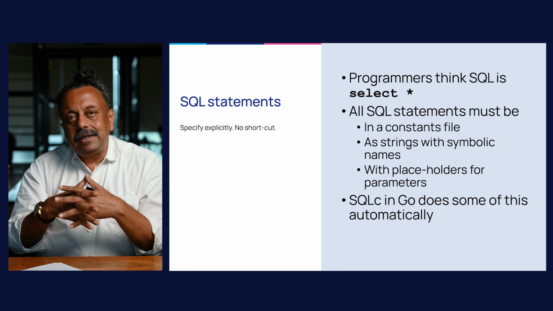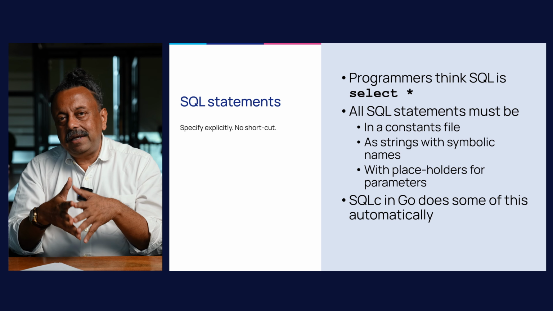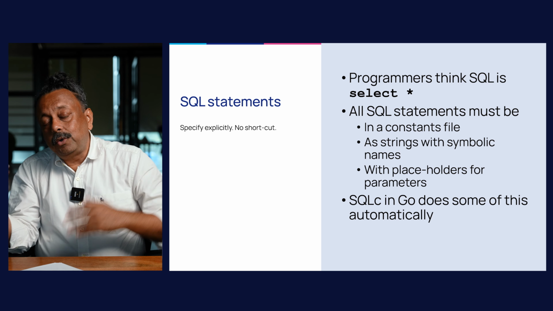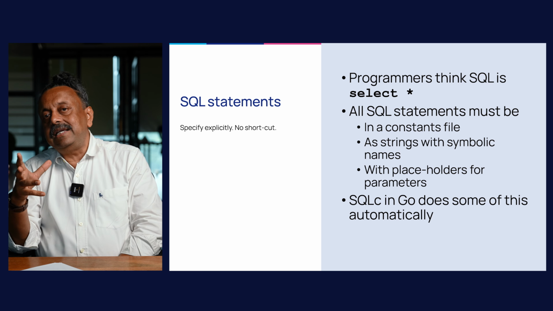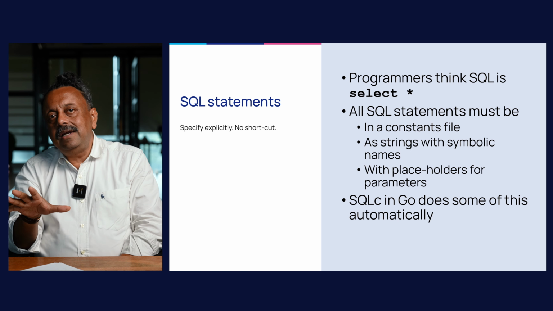One of the beautiful things about developing web services and business applications in Go is that in the Go ecosystem, there is a tool called SQL-C. SQL-C allows us to define the SQL statements in a particular file, and then it generates code for each of the statements.